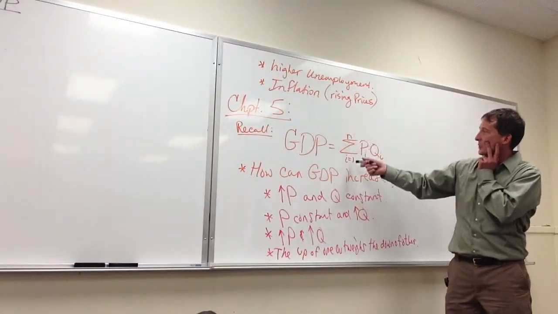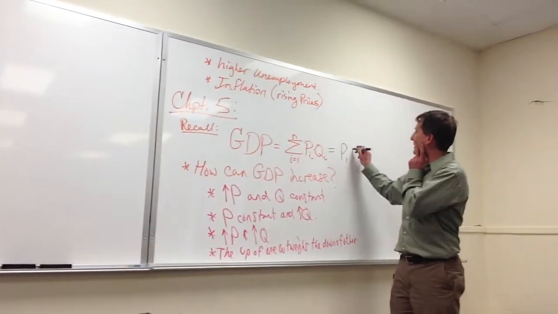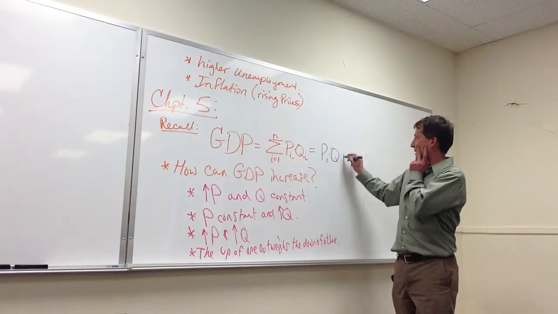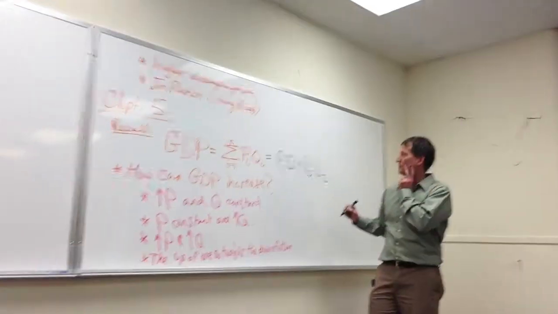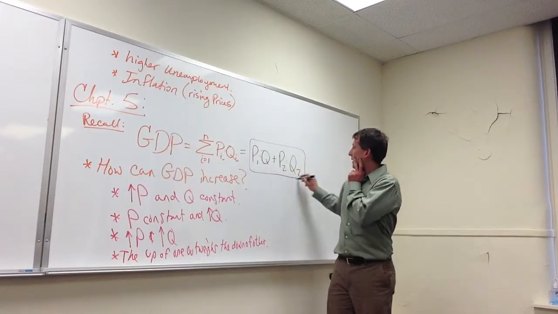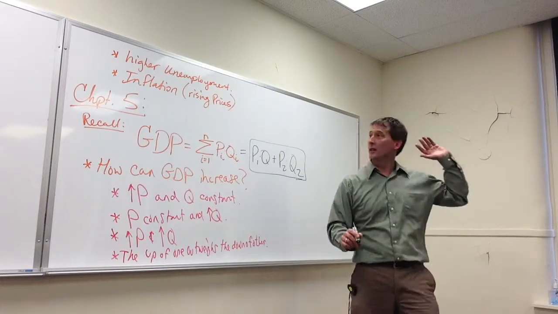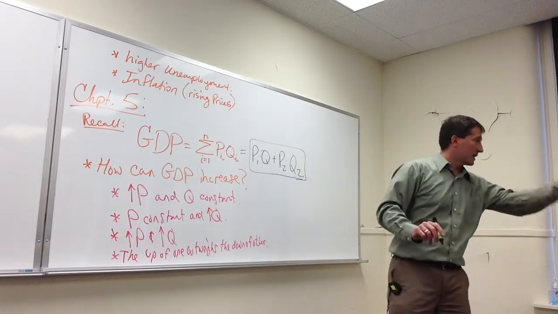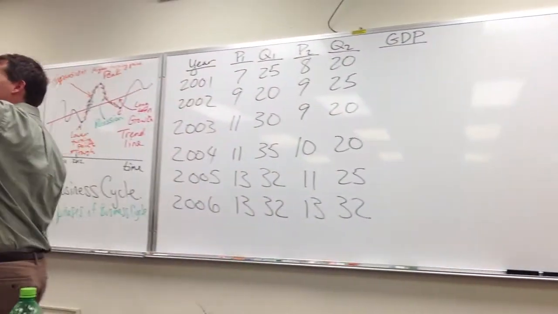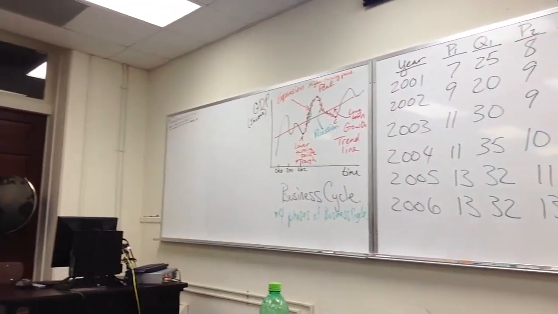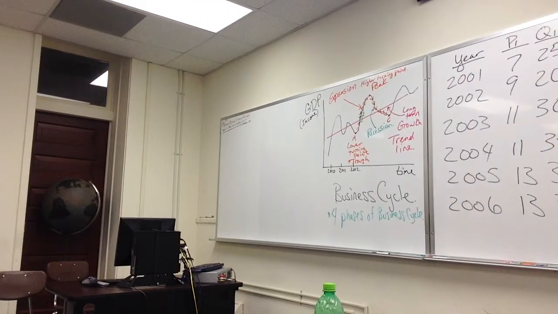Now that n equals 2, all we're doing is P1 times Q1 plus P2 times Q2. And you guys calculate 2001, 2002, 2003, 2004, 2005, and 2006.